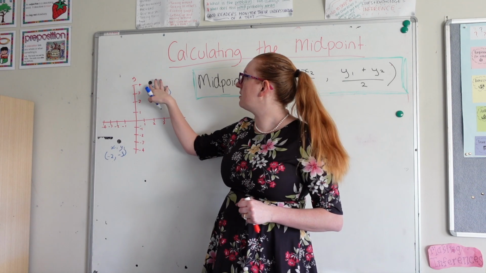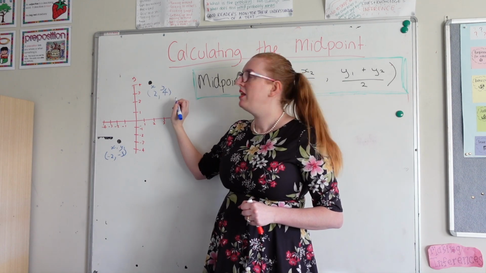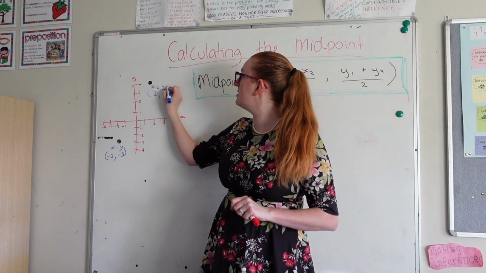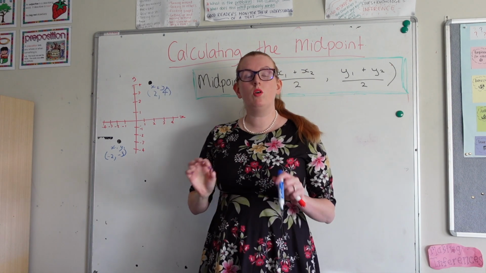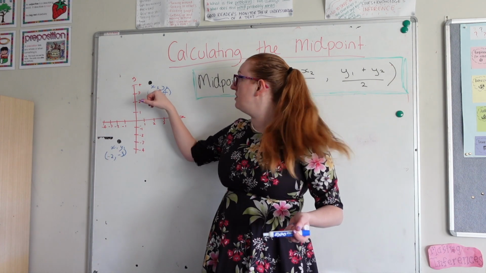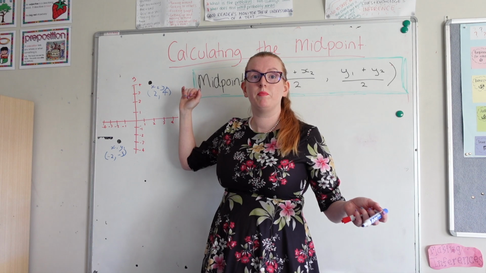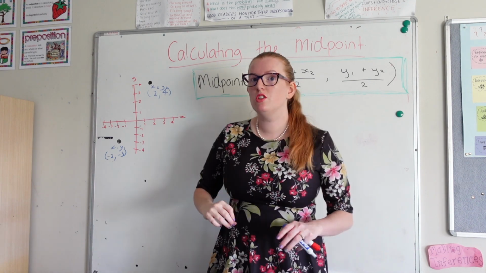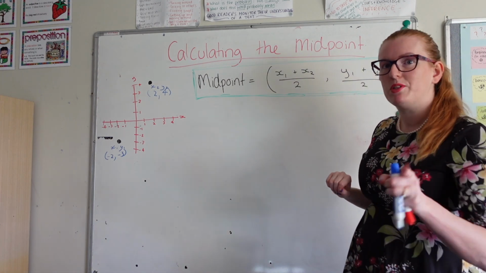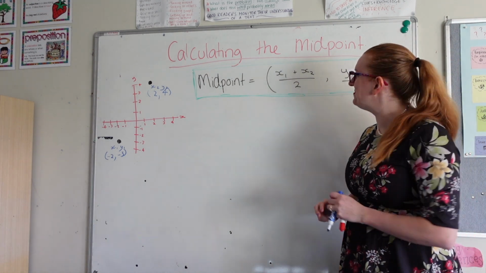Then I'm going to go up to the second point and put a little 2 next to the x and the y. So all that little 1 means is that it's my first point, and the little 2 just means it's my second point. Now I have enough information to put it into my horrible looking formula. But don't worry, it gets less horrible as we go.